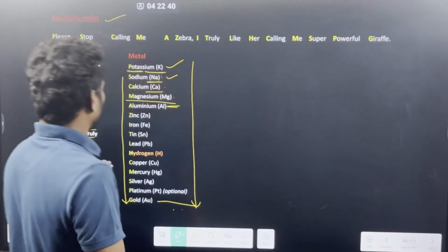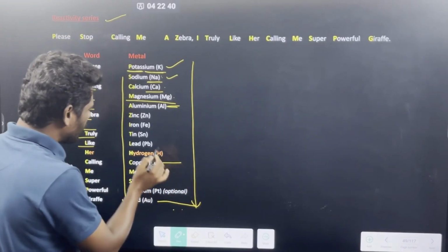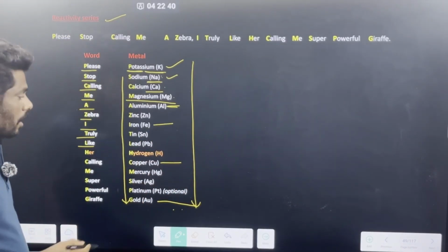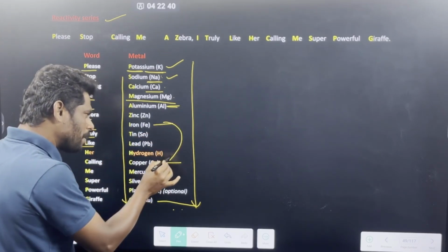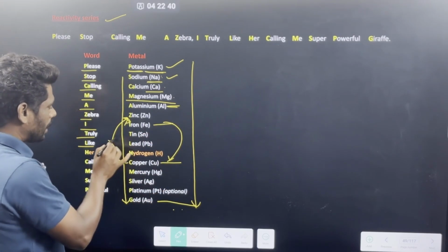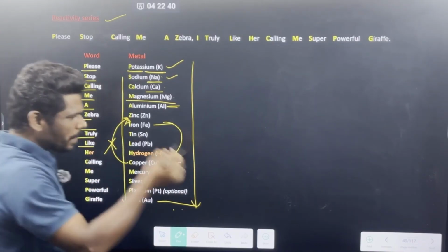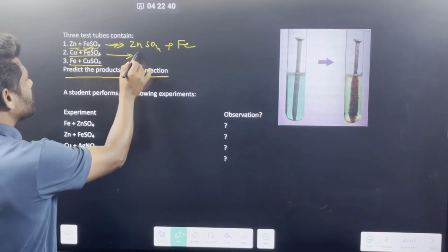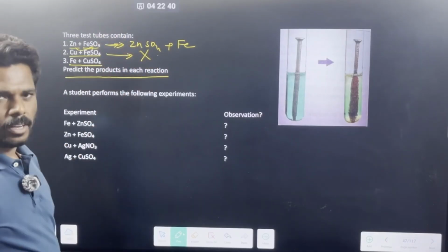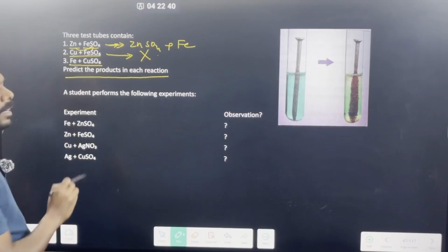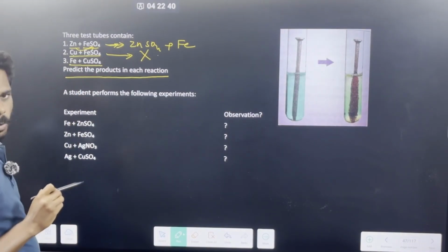Look here, copper is here, iron is here. Which is at the top? Iron. So iron can displace the copper, but copper cannot displace the iron. That's why in the earlier reaction, in this case, no reaction, because copper is less reactive than iron.